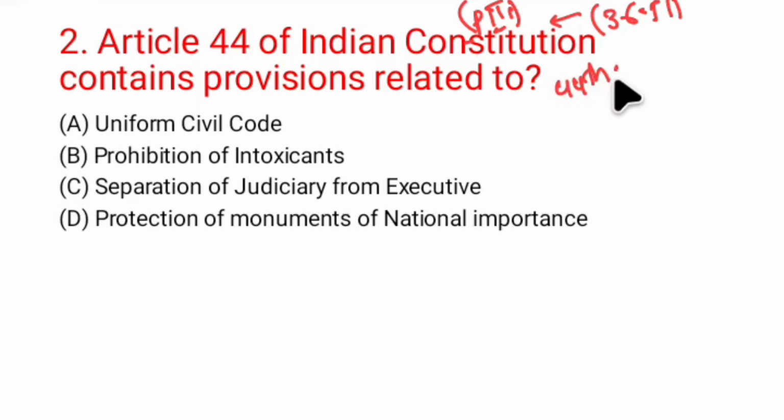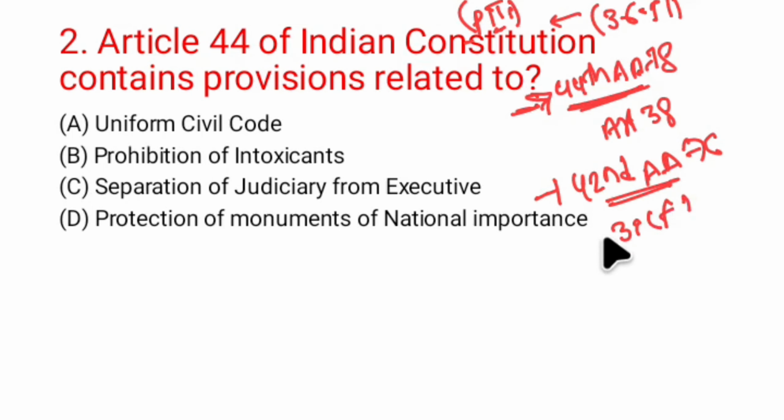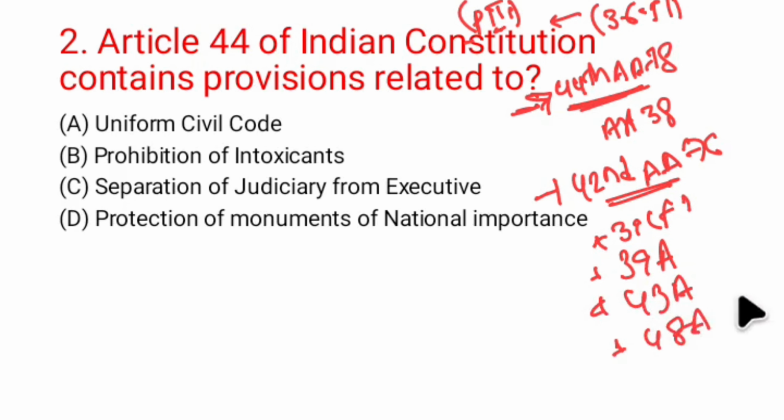The 44th Constitutional Amendment Act, 1978, made a change in Article 38, and the 42nd Constitutional Amendment Act, 1976, made changes by introducing Article 39 clause F, and 39A, and also 43A, and also 48A.